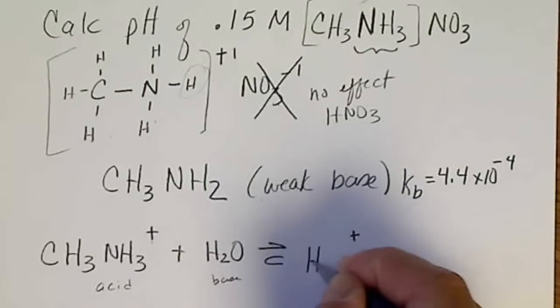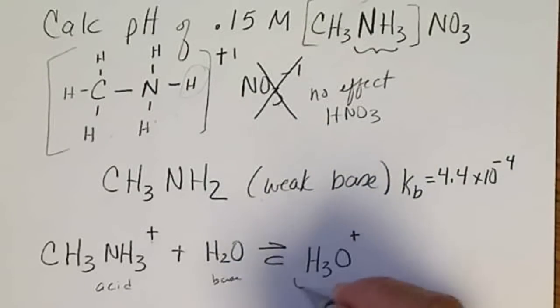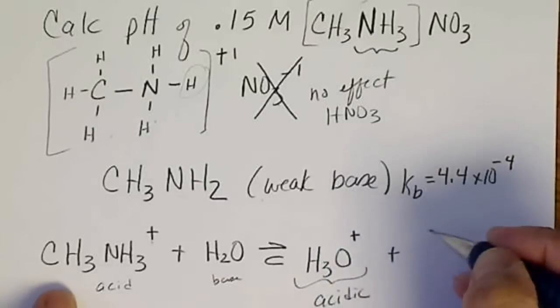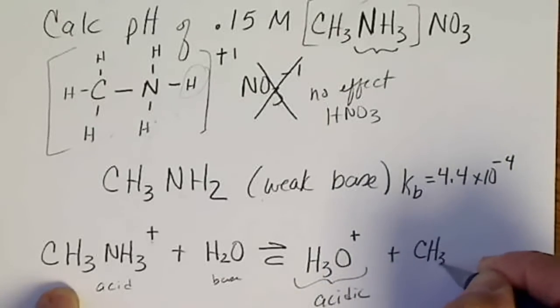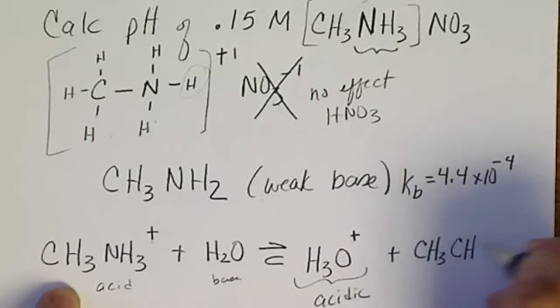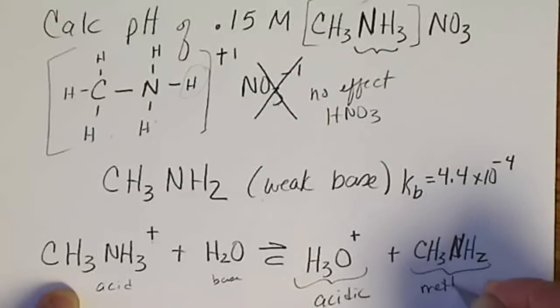So we'll end up with H3O plus. So here's our acidic hydronium, and we'll leave behind methylamine, CH3NH2. And this is our base, methylamine.